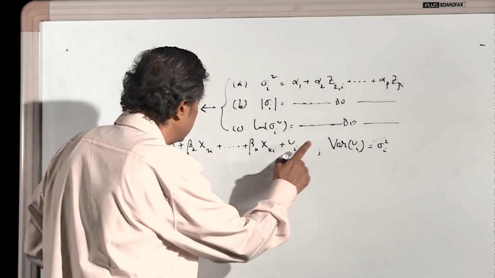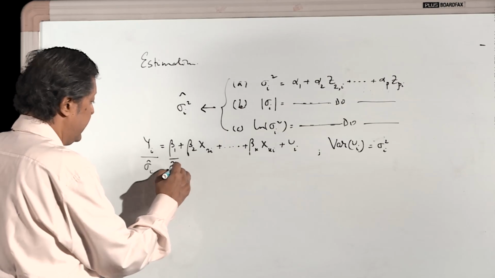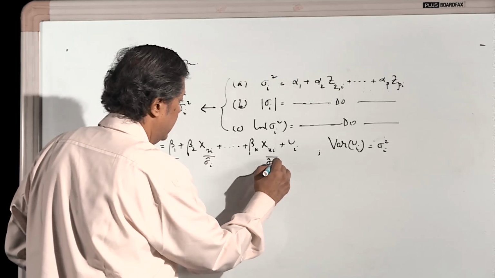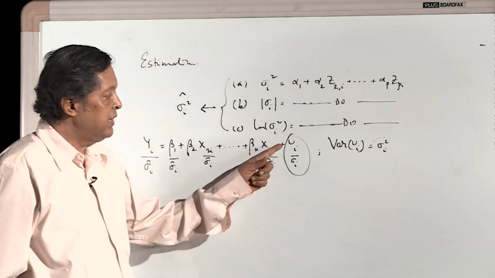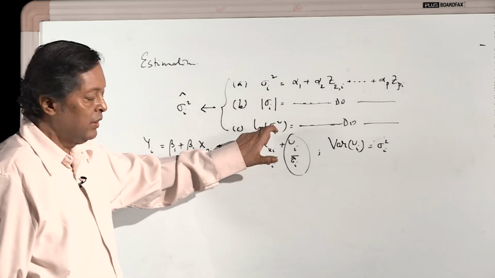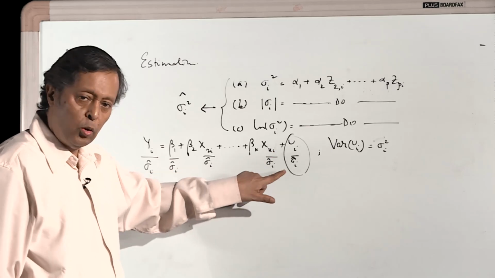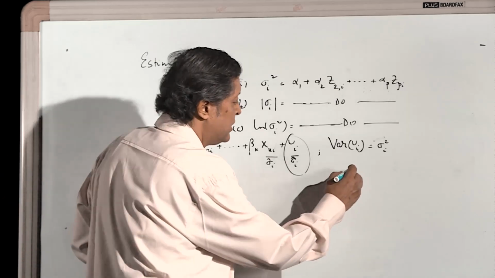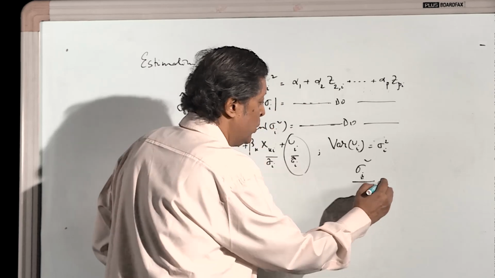So, if you divide this whole thing by sigma hat i, then this becomes a new disturbance term ui by sigma hat i, and this is giving us a close approximation to a variable which will have 0 mean because ui has 0 mean, but the variance will be sigma i square divided by sigma i square, that is equal to 1.